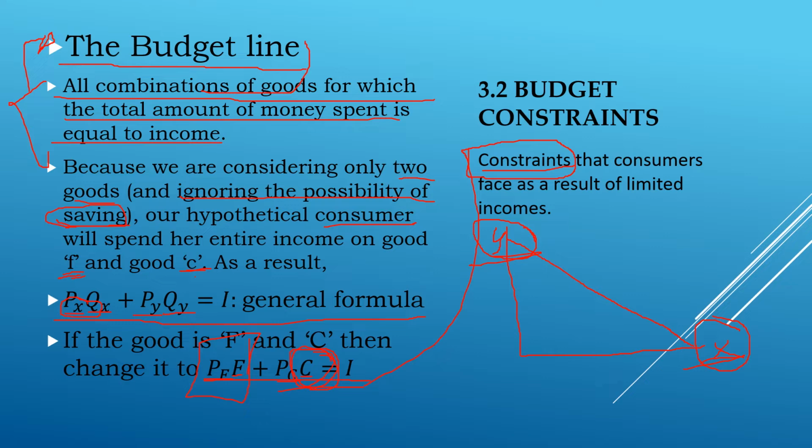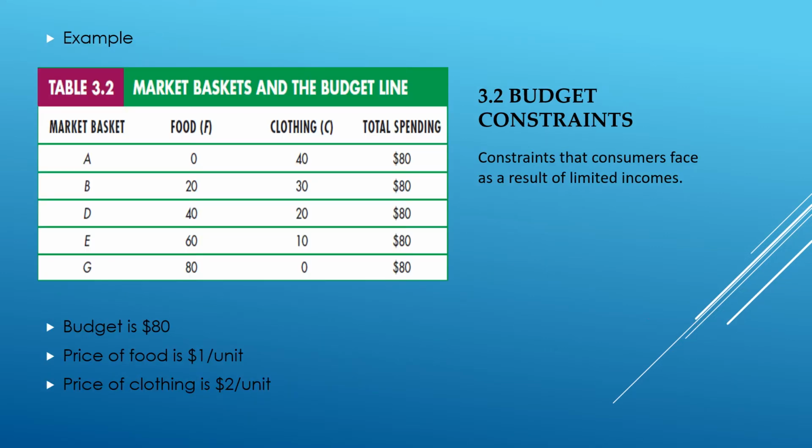So let's see how the budget line looks. A budget line is just how we graph what is within this table. Remember last time we had the market basket, which is composed of different combinations from A to G, showing how much food and how much clothing we can buy with the exact amount of our money.